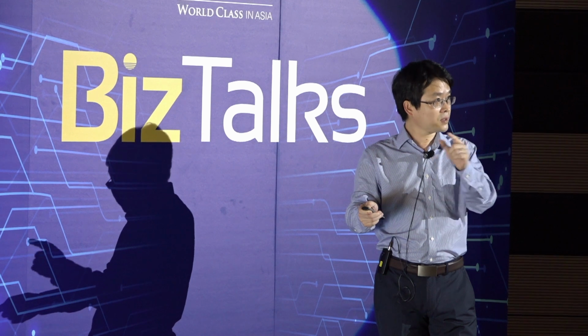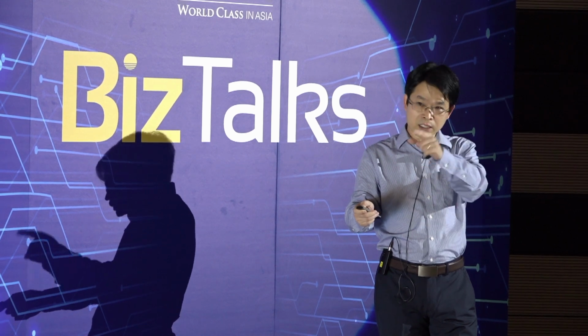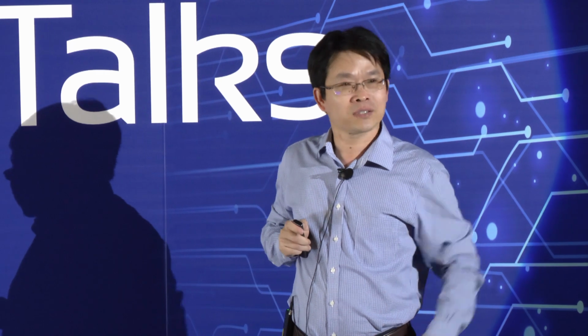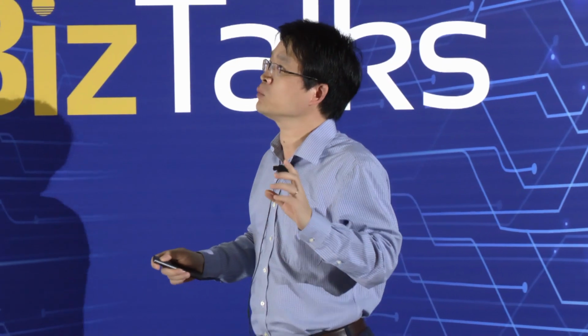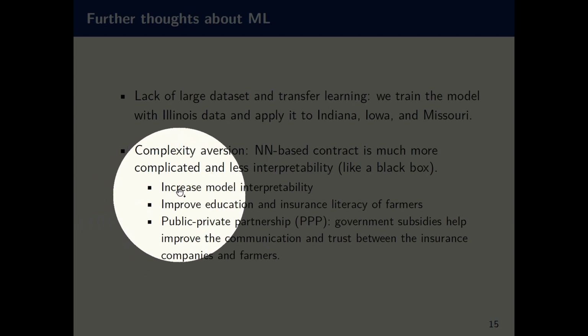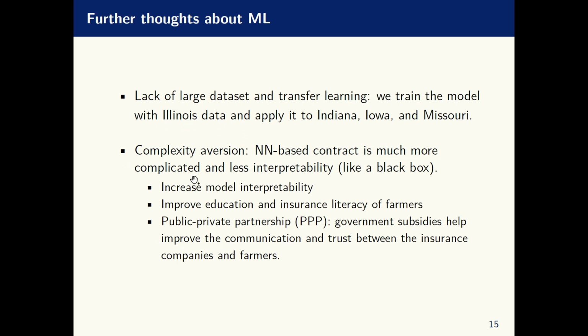We don't like a complicated thing, like today's talk, right? Layman talk, because we don't like a complicated thing. Okay. So there's going to be a huge challenge, actually, if you want to propose this kind of product to the market, complexity aversion, which basically is coming from the lesser interpretability of machine learning.